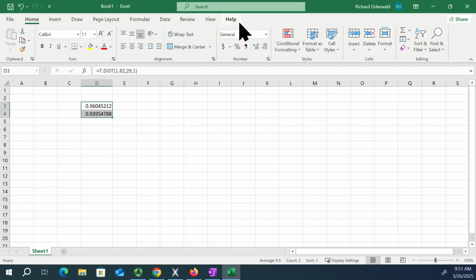And as usual, I have a whole lot more decimals than I ever needed. I have 1.82 is at the 96% position from the left, and at the 4.04% or 4%, 0.04 on the right.